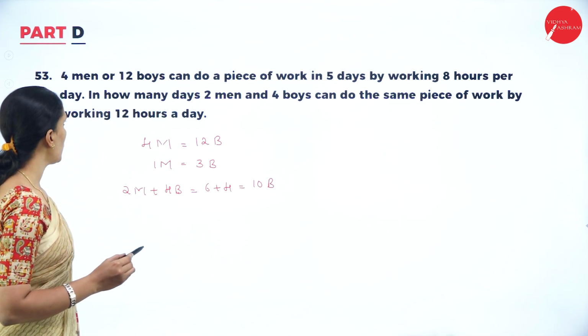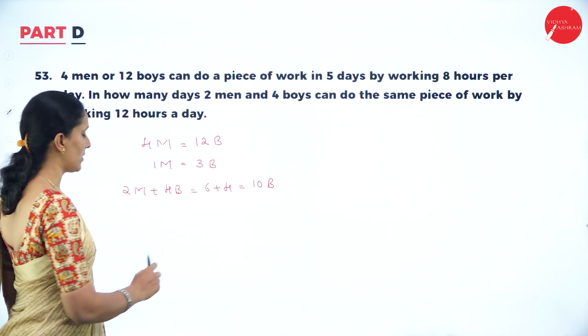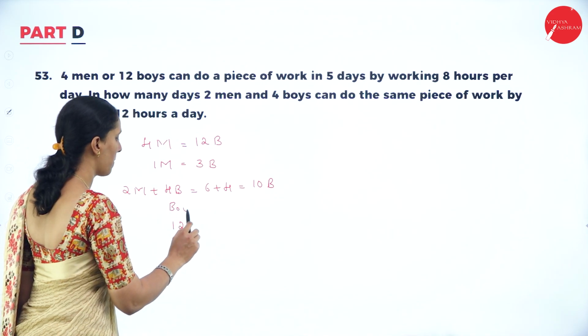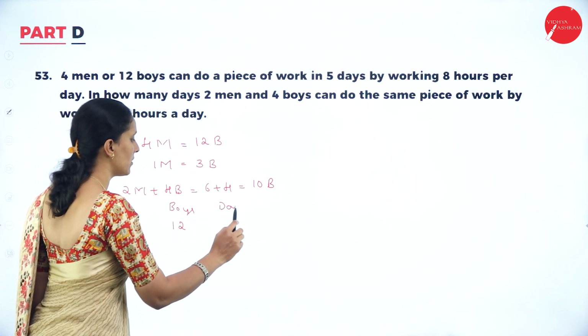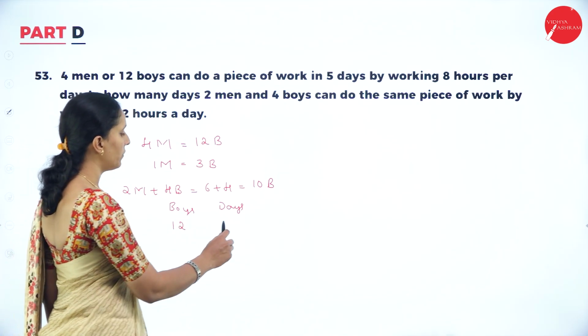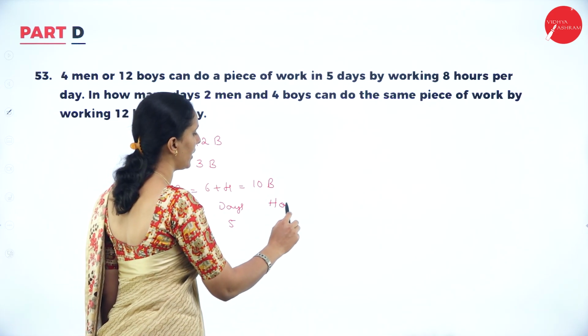From the given question, 12 boys can do a piece of work in 5 days. Here I'll write boys and here I'll write days. So 12 boys can do the work in 5 days, and the number of hours given is 8.